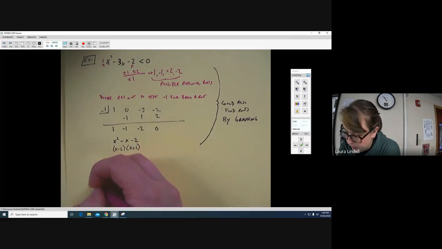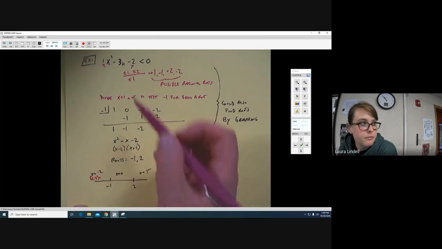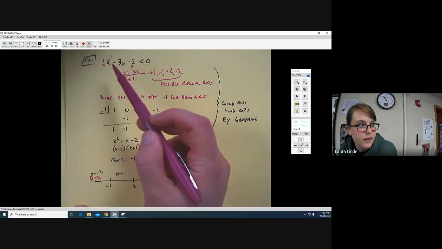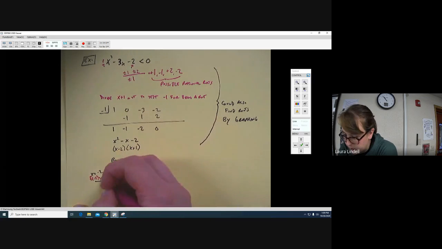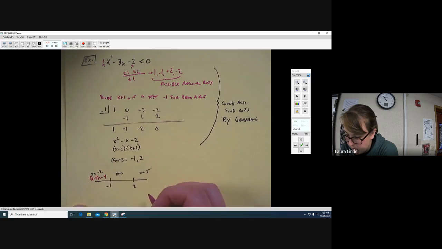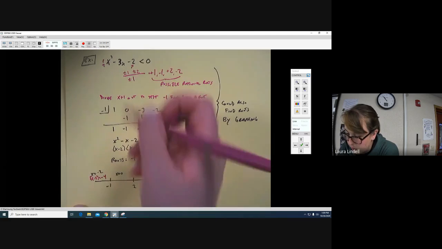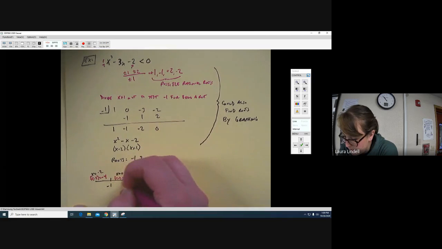So if I plug in -2, f of -2 in my original equation here, we get -8 plus 6 minus 2, which gives us -4. Plugging in 0, we get f of 0 is -2.